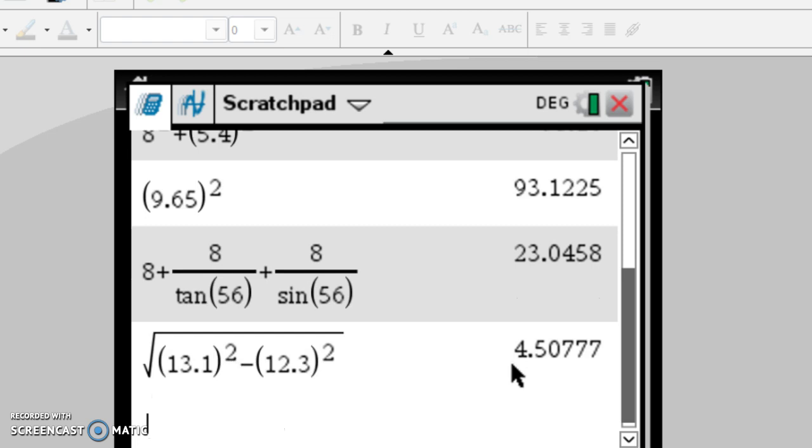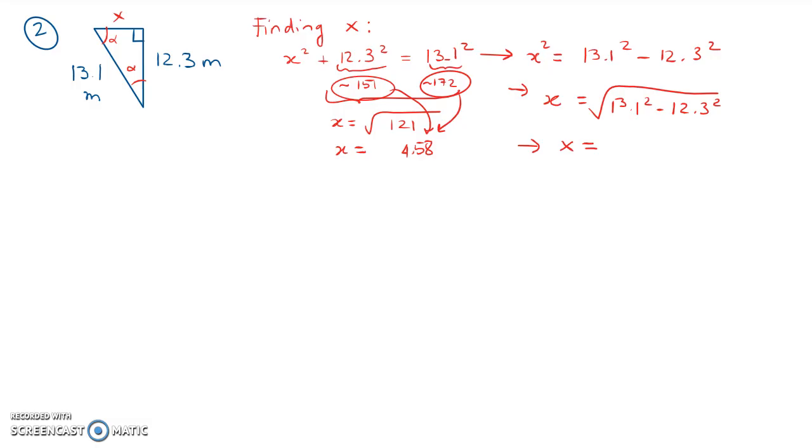That gives me 4.507 and continues, but we just want to see whether the 7 is going to change the 0 or not. And yes, it does. So to three significant figures, this is 4.51 meters.